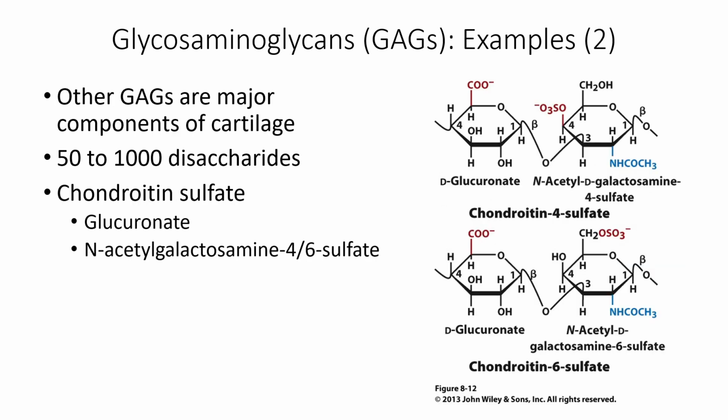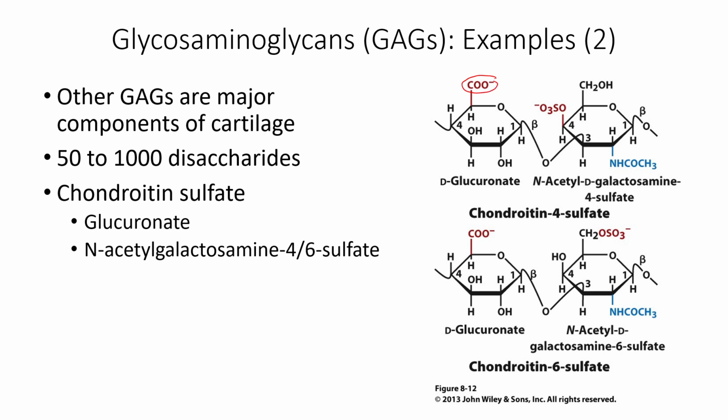There are a few GAGs that are the major components of cartilage. These GAGs usually are composed of 50 to 1,000 disaccharides, a little bit shorter than hyaluronate. The first one we'll consider is called chondroitin sulfate. The first component of the disaccharide subunit is again glucuronate.